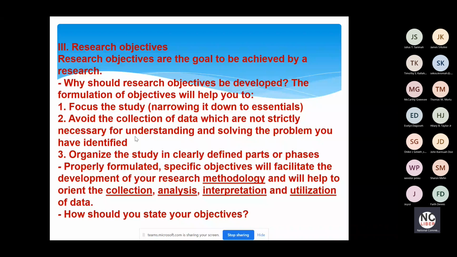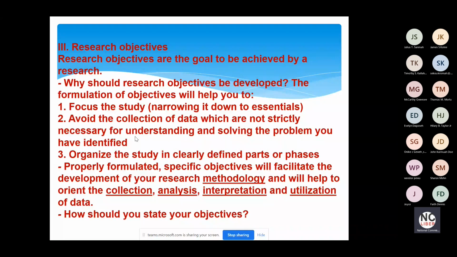So even though you talk about assessing the health status of people in the police academy, there are particular health issues you want to discuss. So you list those in your objectives, and that will help you to focus only on those and not be running all around looking for information and adding information that might not even be necessary for the study.